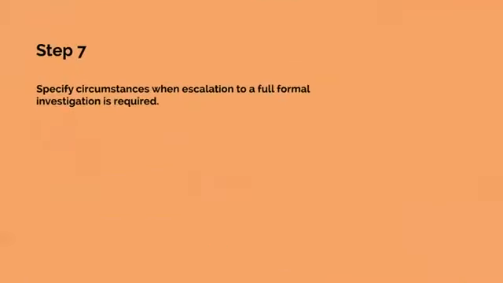The seventh step is to specify circumstances when escalation to a full formal investigation is required. Some suspicious events can be system generated, such as by the rule base of an IDS, or the keywords of the content checked, and some will be triggered by human watchfulness.